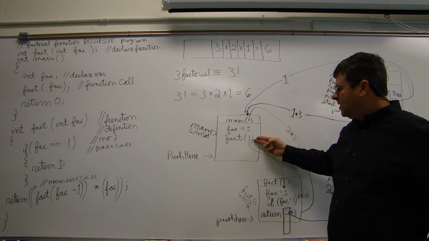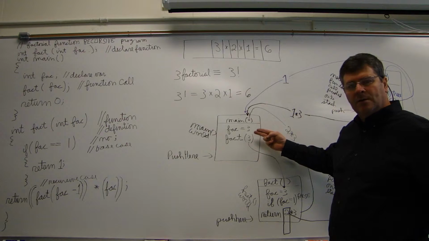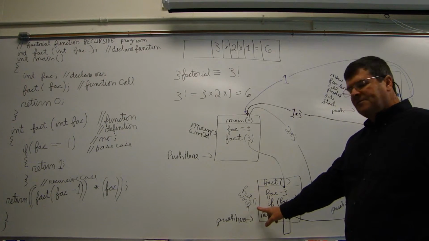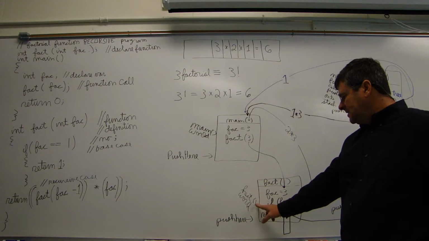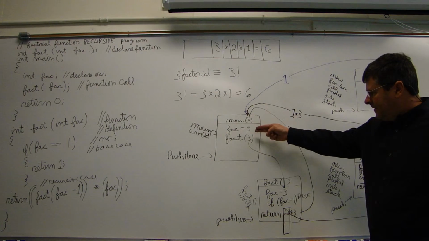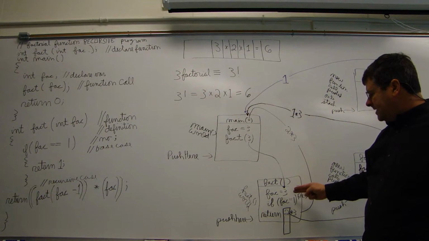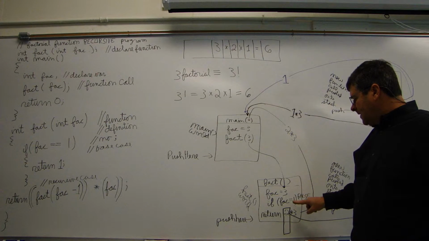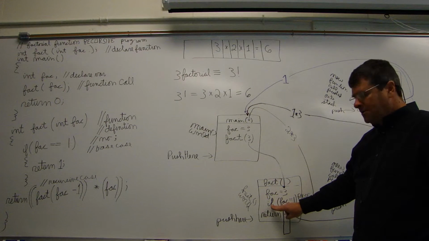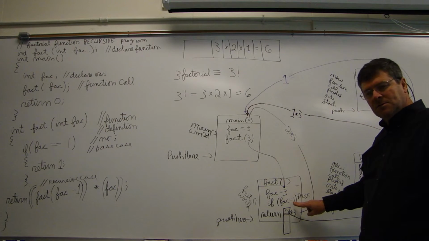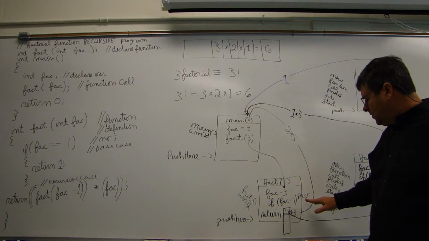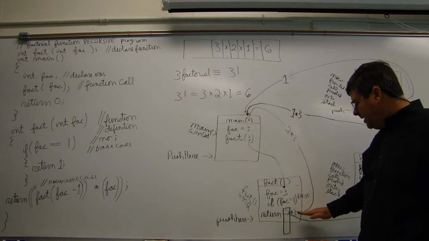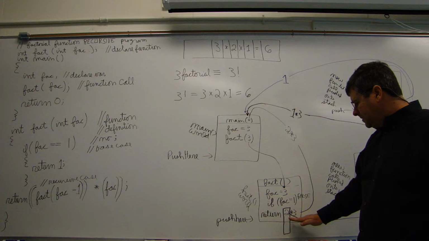Now I do a function call using 3 as an argument, and I now go into this function world called fact world, and that argument of 3 is passed into the function, and this test occurs using the if fac equals 1. That's false, so nothing occurs here. The base case hasn't been hit yet. Now we go down to here.